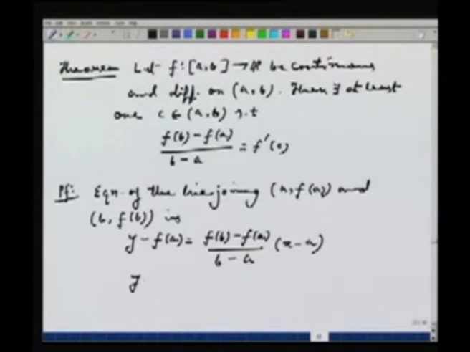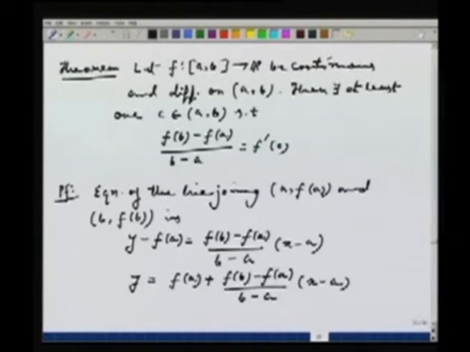That is, y equals f(a) plus (f(b) minus f(a)) divided by (b minus a) into (x minus a). Now this is another function. I can actually call it g(x). What I want to do is compare this function with the given function f(x).